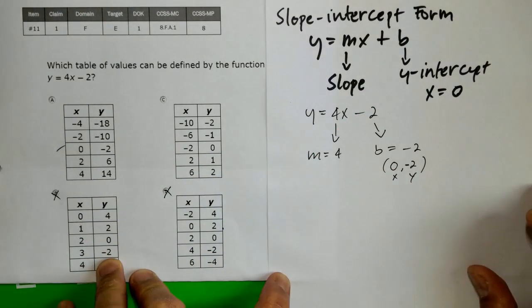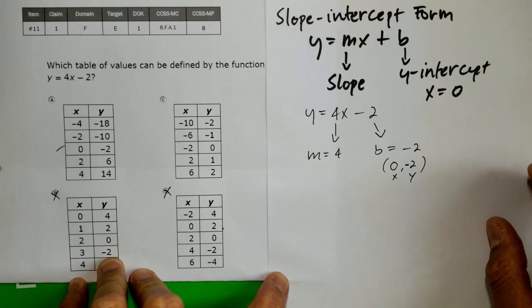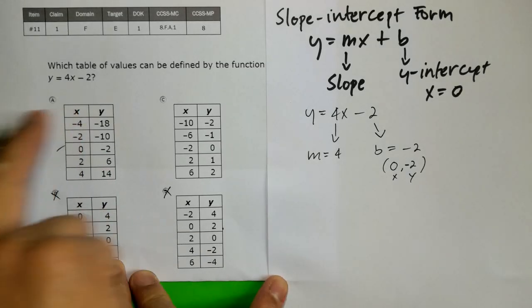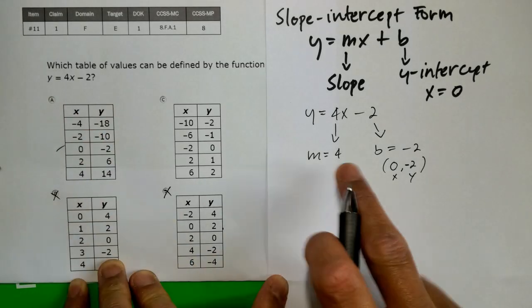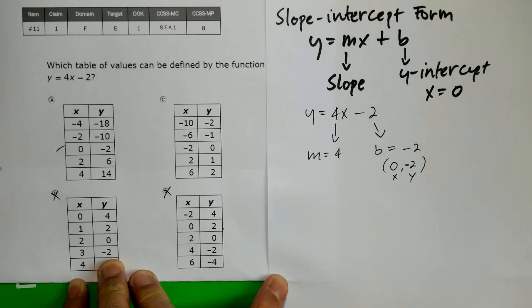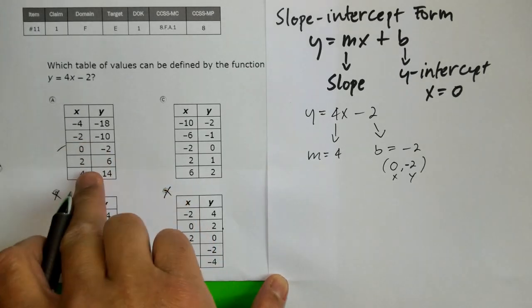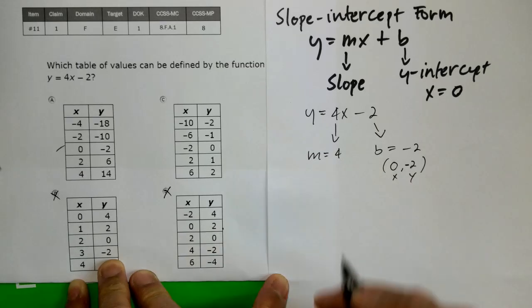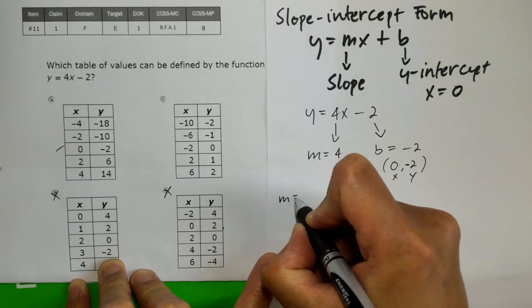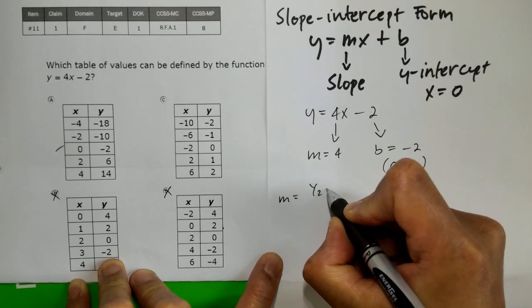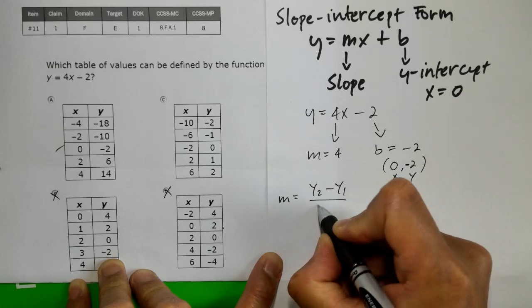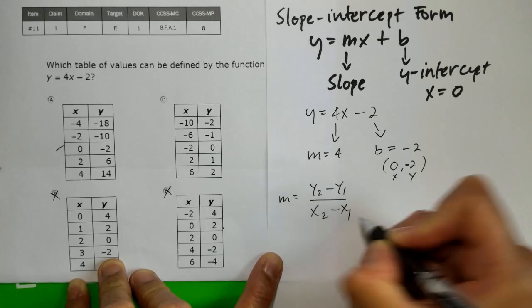Alright, now let us verify if this table can give us a slope that is equal to 4. Now, this one is non-proportional. So in solving for the slope, we will use the formula y2 minus y1 over x2 minus x1.